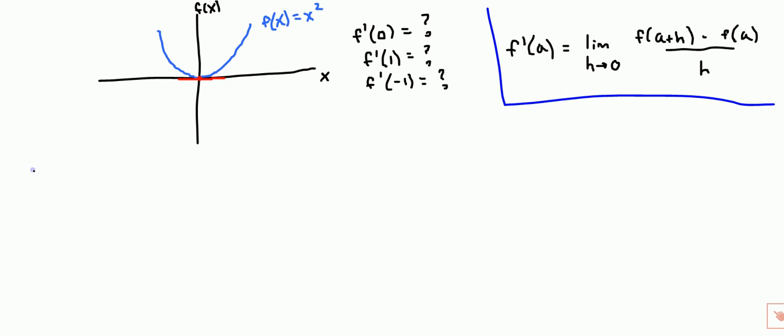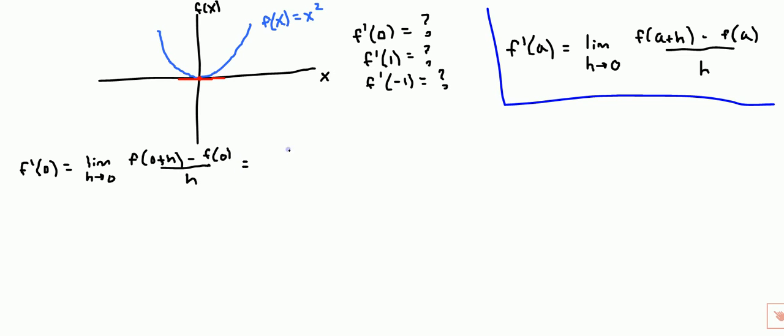So f prime of 0 is the limit as h approaches 0, and then we plug in 0 everywhere we see an a: f of 0 plus h minus f of 0, divided by h.